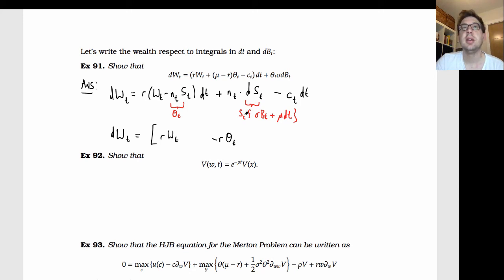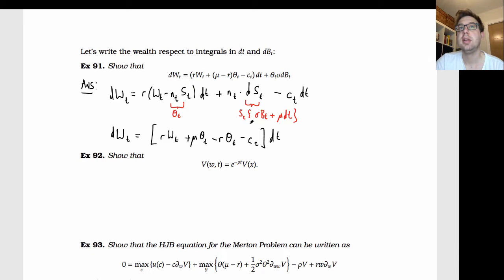Then from these two I'm going to get another theta, with a plus mu, which is this, and then minus my consumption.